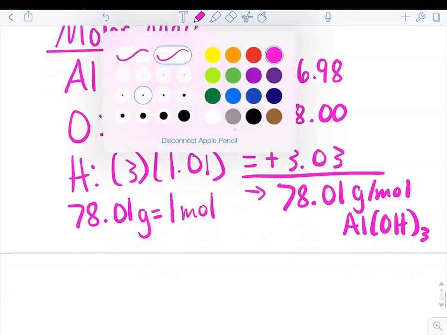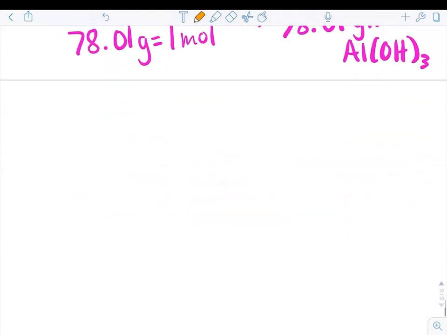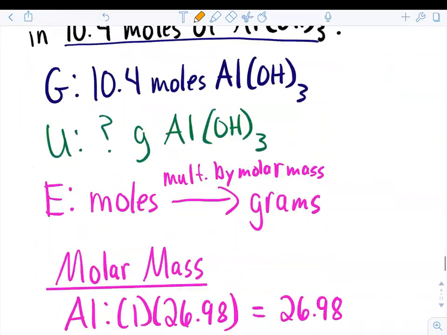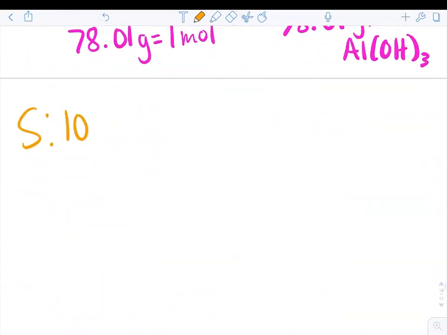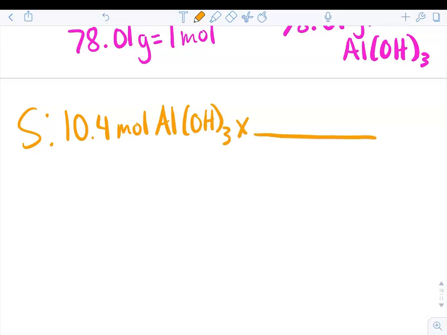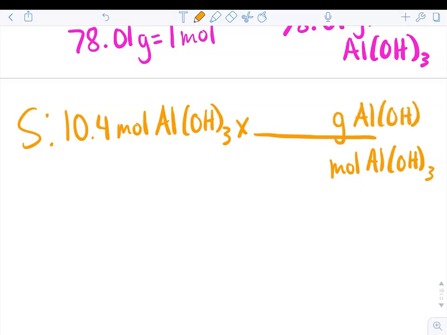So when we go to set this up, we're going to start out with what we were given, which was the 10.4 moles of aluminum hydroxide. If mole is on the top, then that means that mole has to be on the bottom. And then what we're trying to get to, which is grams, has to be on the top.